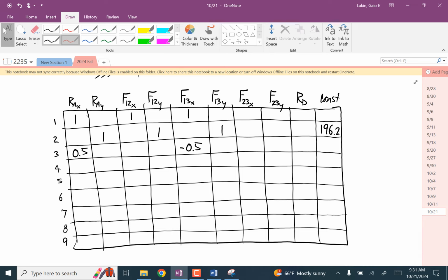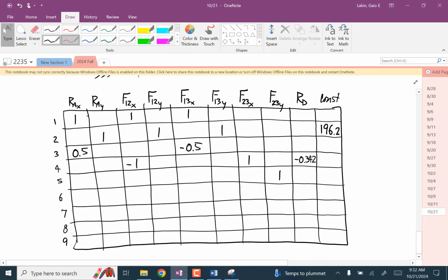Now for equation 4, F23x, we have 1. RD, we have negative 0.342. And F12x, we have negative 1. Then equation 5, F23y, we have 1.